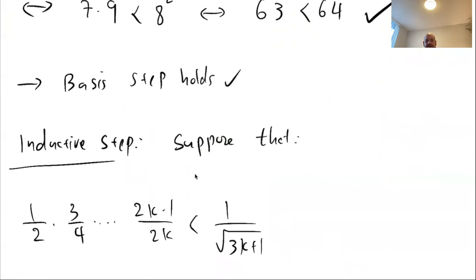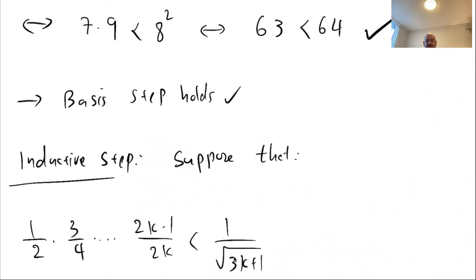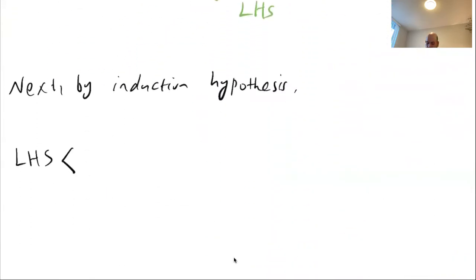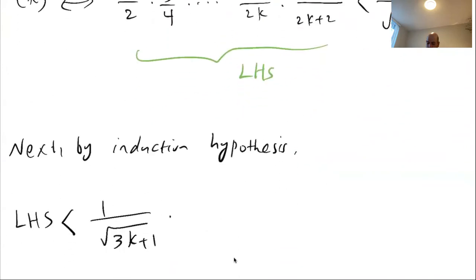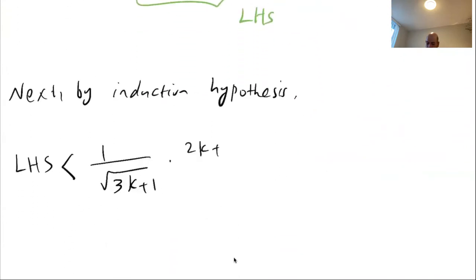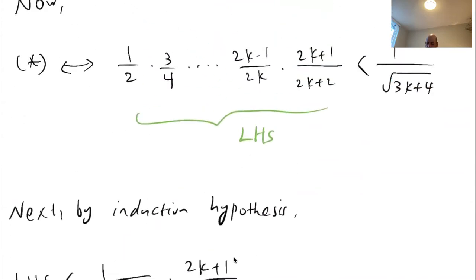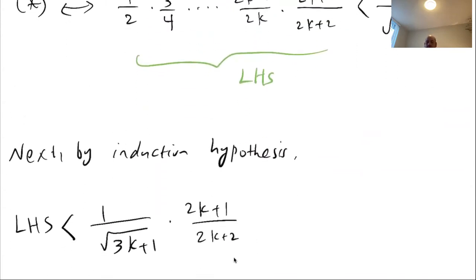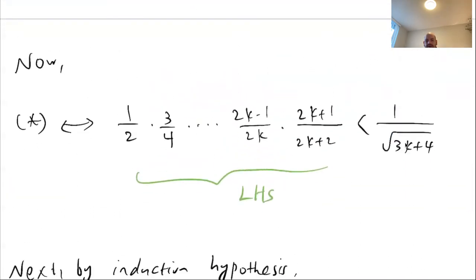This guy is less than 1 over root of 3k plus 1. So the left-hand side is less than 1 over root of 3k plus 1 times (2k plus 1) over (2k plus 2). And so the left-hand side is less than this number. So if I can show that this number here is less than the right-hand side, then we are done.